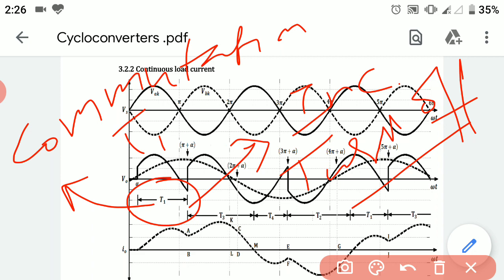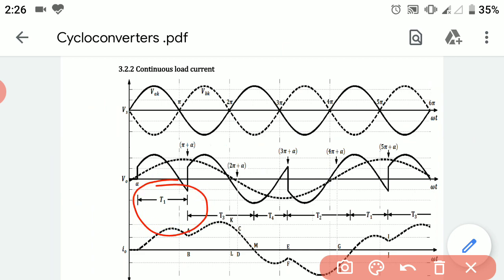As we increase the turn off time of thyristor T1, it matches with the time instant during which we have to turn on the thyristor T3.